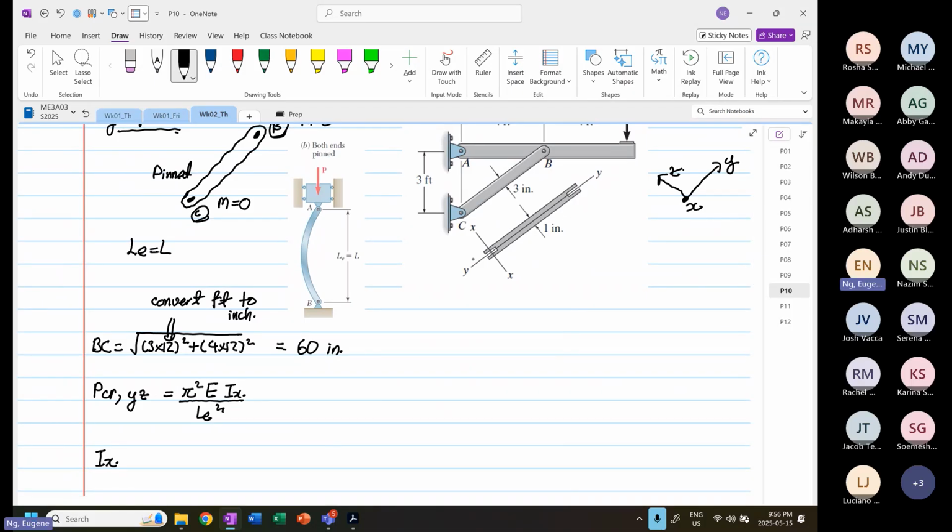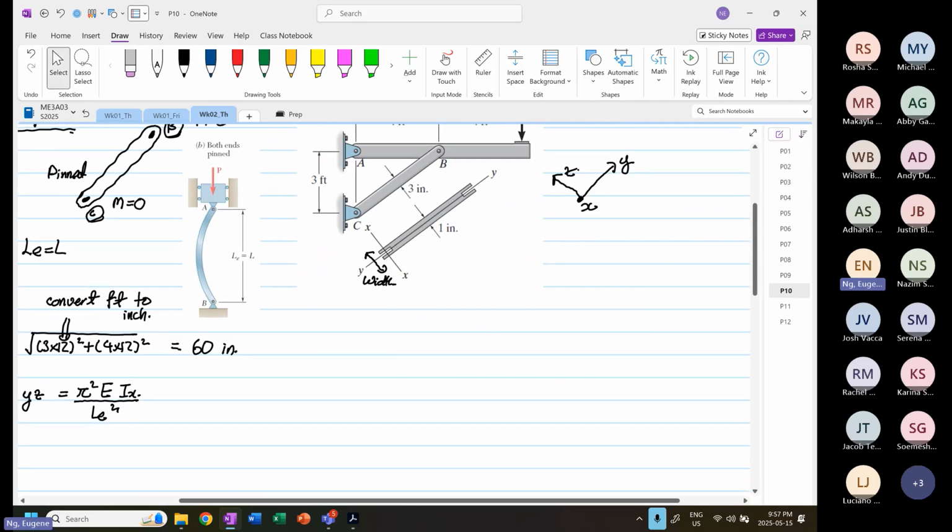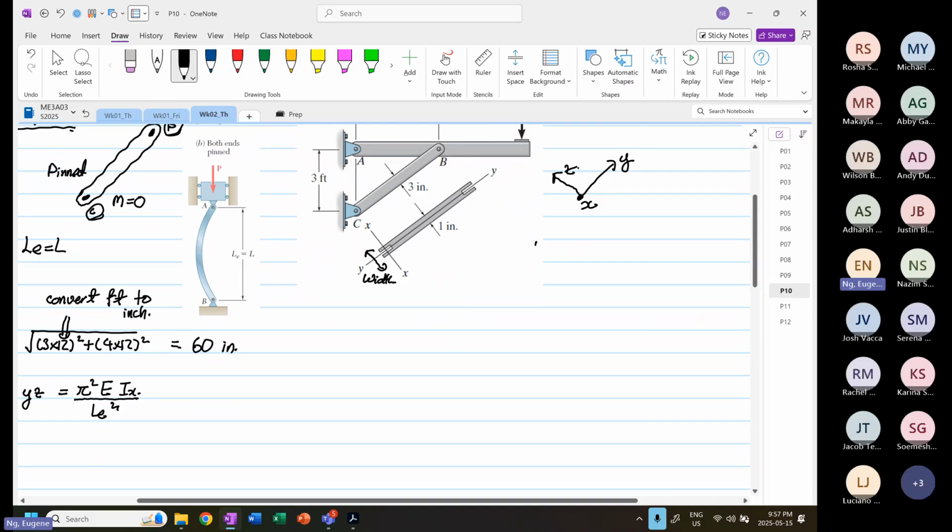So Ix, the XX direction, we know that this is the axis of interest. I'm going to draw the cross-sectional view now. So this is the XX axis. This will be the width and this will be the depth.